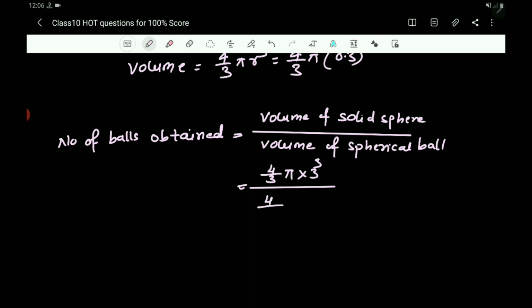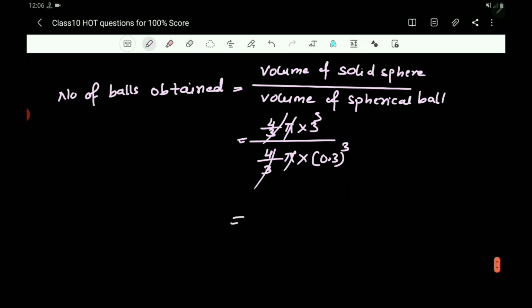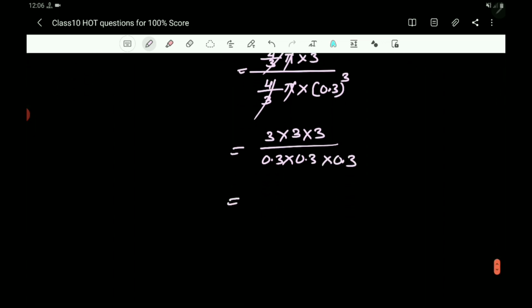Then volume of spherical ball 4 by 3 into pi into 0.3 whole cube. Here you can cancel 4 by 3 and pi. So that equals 3 cube, means 3 into 3 into 3, divided by 0.3 into 0.3 into 0.3. Then remove the decimal point in each case, that becomes 30 into 30 into 30 divided by 3 into 3 into 3.